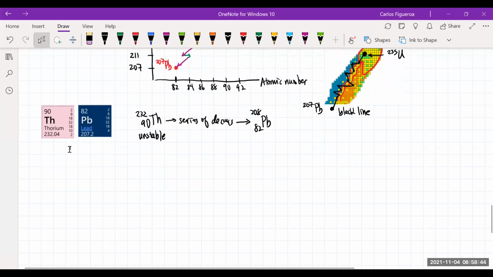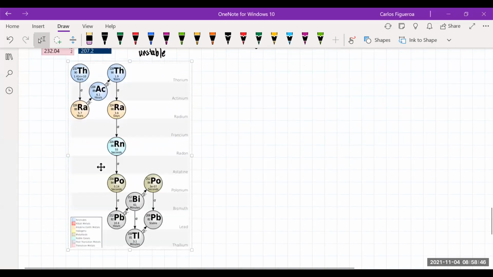This is the way you see them in nuclear textbooks. You can see here that this is our start right here. And then here, this is the end. And so you could see I start with thorium, and you look at all the alpha decays, right?